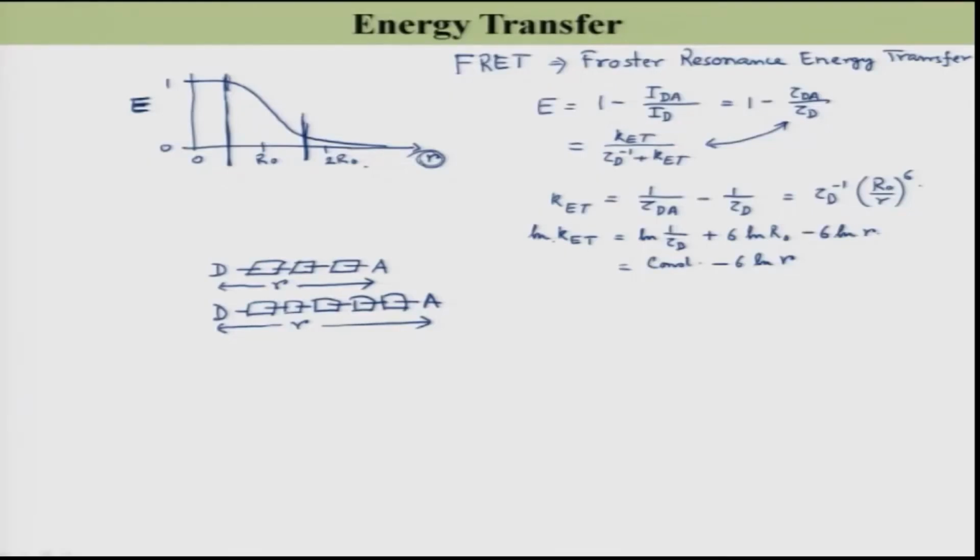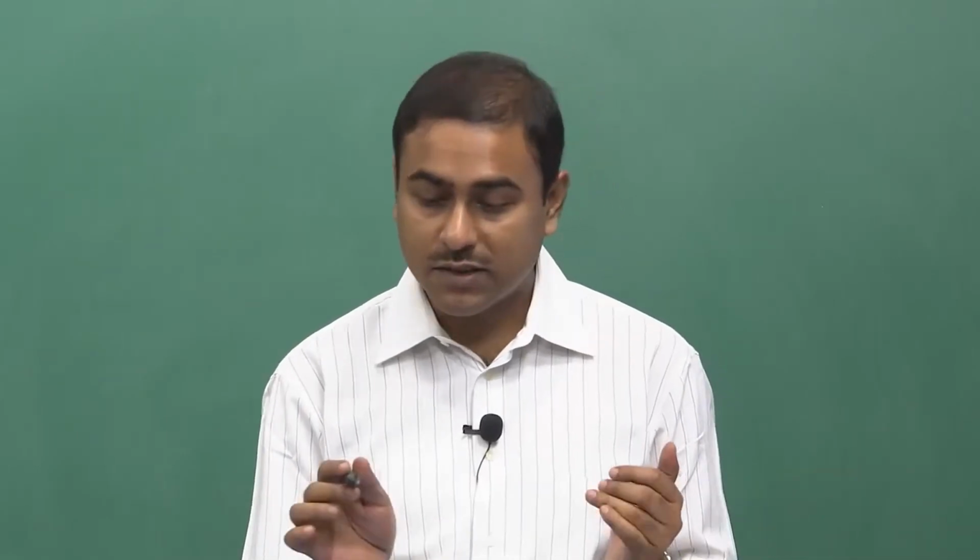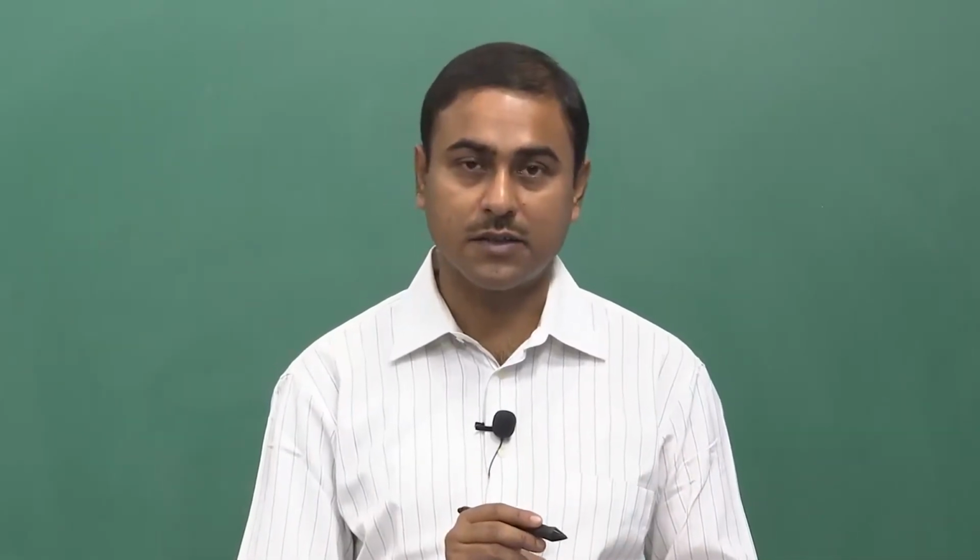How you measure this k_ET is easy. You just simply measure the lifetime of this molecule, right, and you measure the lifetime of only the donor without this acceptor, then you get k_ET, and then you plot ln k_ET as a function of R, right, for several such molecules. You should not change the donor and acceptor, and that was done to prove whether this Foster resonance energy transfer is valid or not.